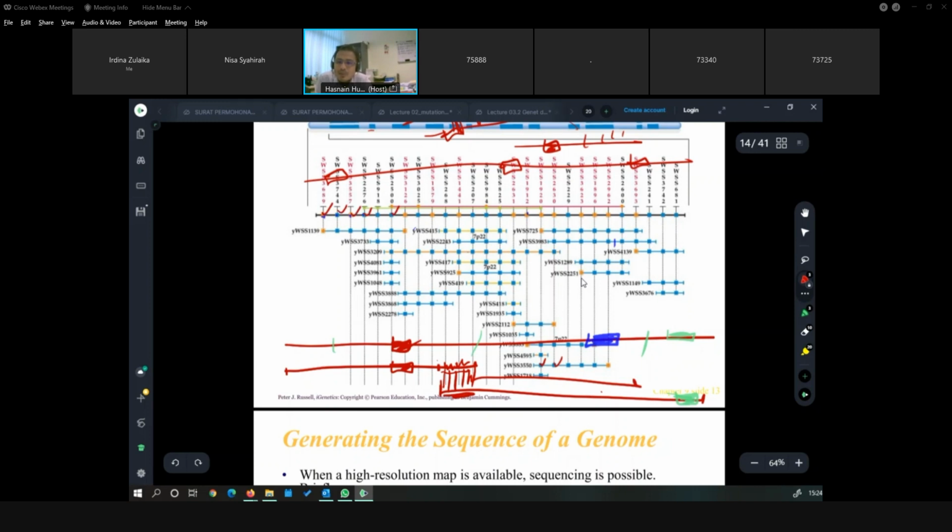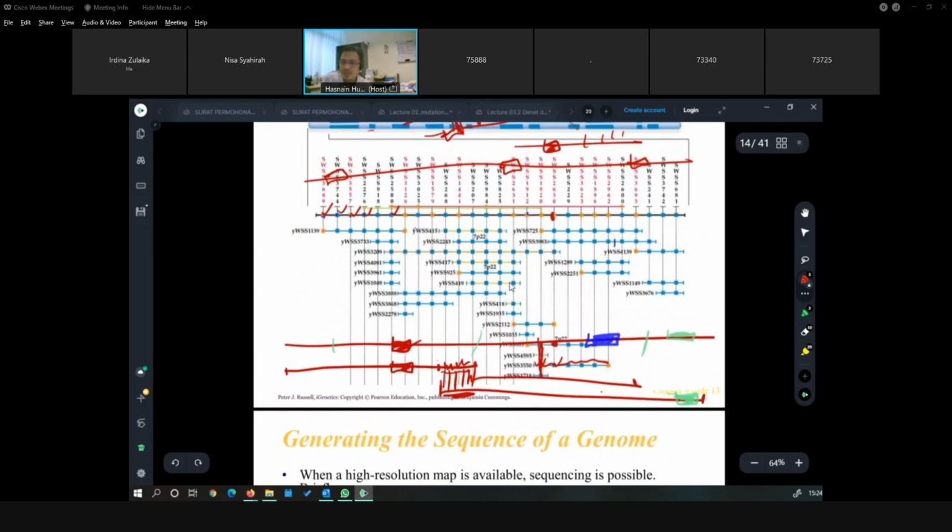All of these are known. When you cut into smaller pieces, the thin lines are the unknown. So when you have the entire sequence, you can start to reassemble by looking at the overlapping and also at the relative position of the markers.